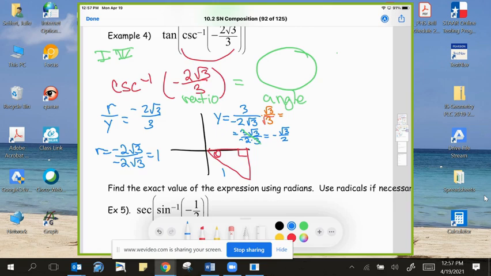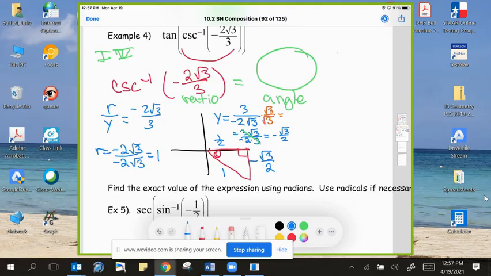We wanted the radius to be 1, so we divided by the r, negative 2 root 3. Once we did the rationalizing, that y was negative root 3 over 2, and that's one of those normal values. That x value would be 1/2. And what kind of triangle is this?